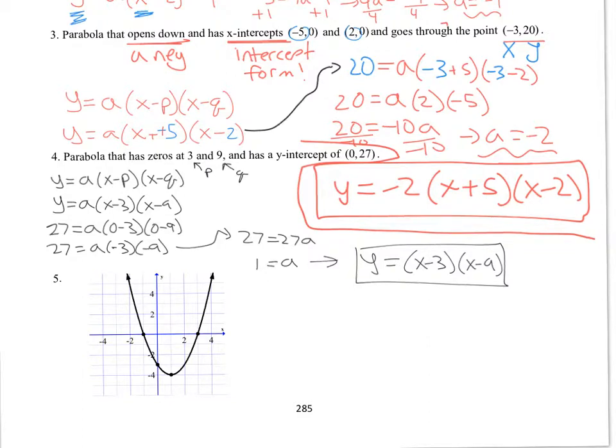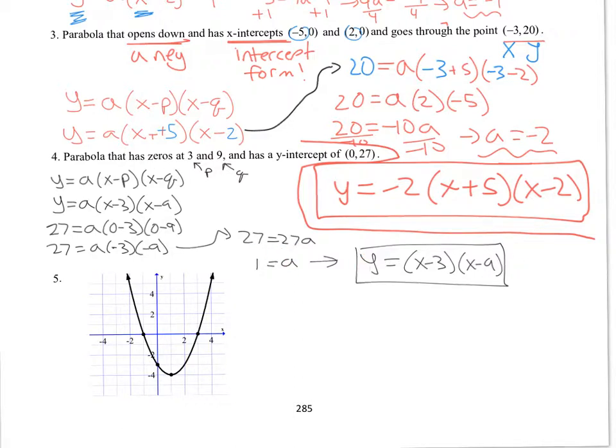Alright, how'd you do? So here's your answer for number 4: y equals (x minus 3) times (x minus 9). Go through the same process, and when you solve for a, by plugging in 0 for x and 27 for y, we get that a's got to equal 1.